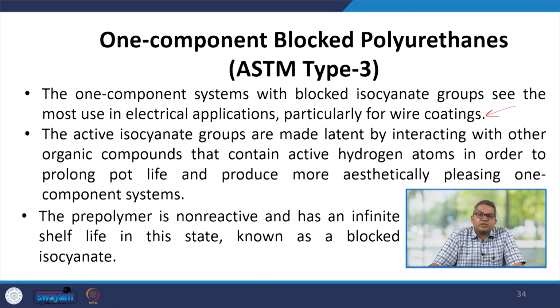The active isocyanate groups are made latent by interacting with other organic compounds that contain active hydrogen atoms, in order to prolong pot life and produce a more aesthetically pleasing one component system. So the pre-polymer is non-reactive and has an infinite shelf life, and in this case is known as blocked isocyanate.